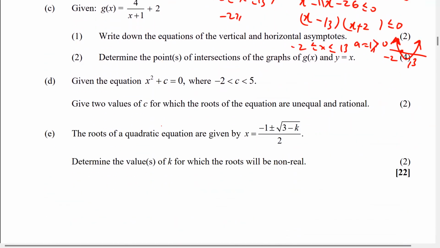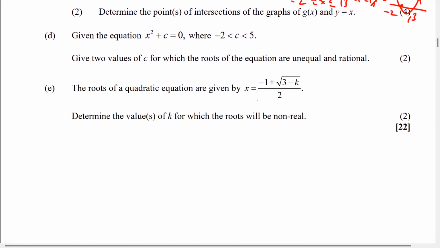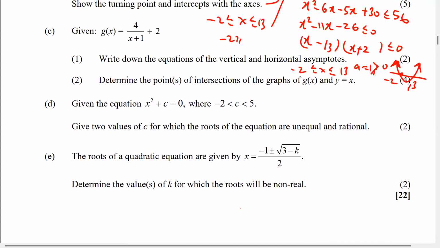Right, so let me see. The roots of a quadratic equation are given by this; determine the values of k for which the roots will be non-real. Then, give two values of c for which the roots of the equation are unequal and rational. For the non-real part, we just have to look at what is under the square root.